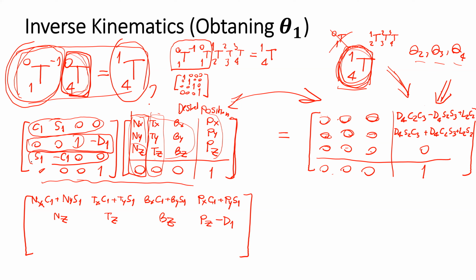The third row with the first column: nx s1 minus ny c1, tx s1 minus ty c1, bx s1 minus by c1, and the last one px s1 minus py c1. That's it. And 0, 0, 0, 1.